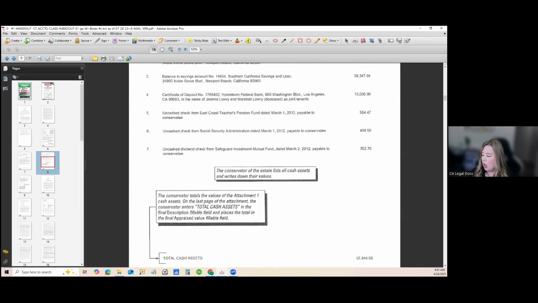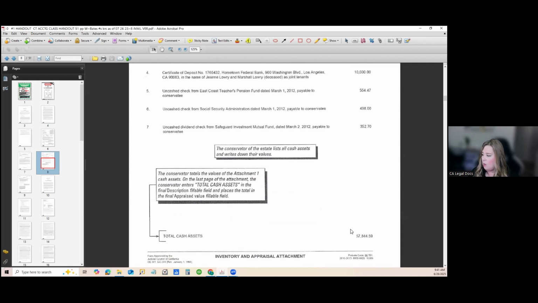After I have all of these totals, I will come down to the bottom. I typically mark this as total attachment 1 assets. I also typically put it up under here in the middle of the page so it stands out quite a bit.